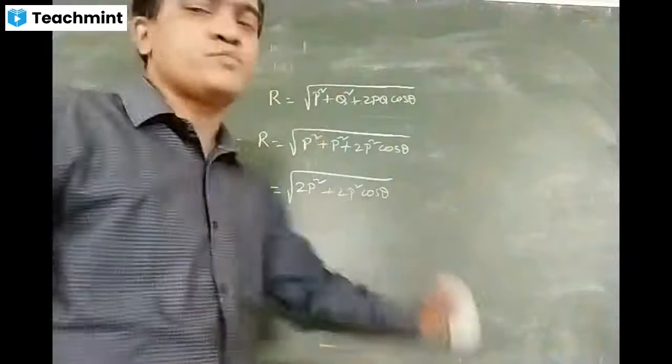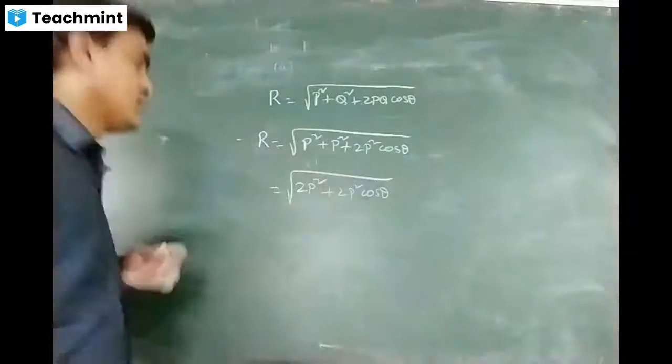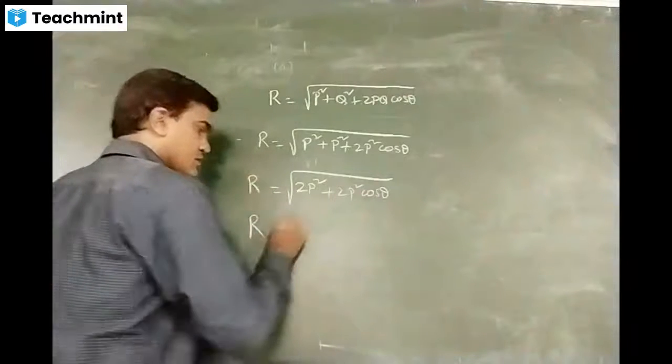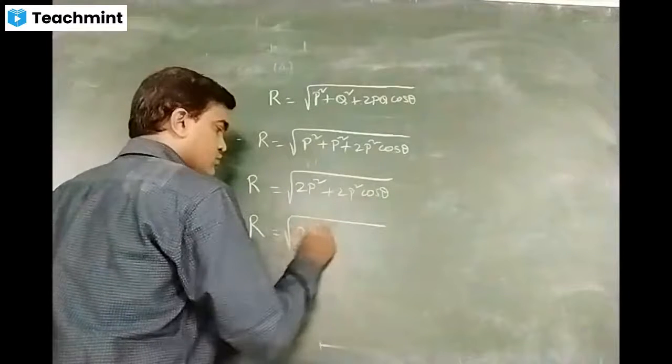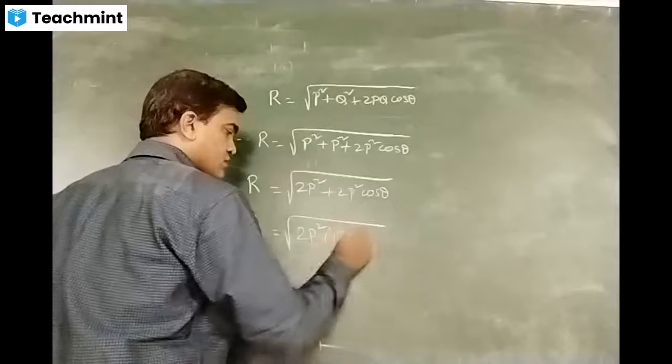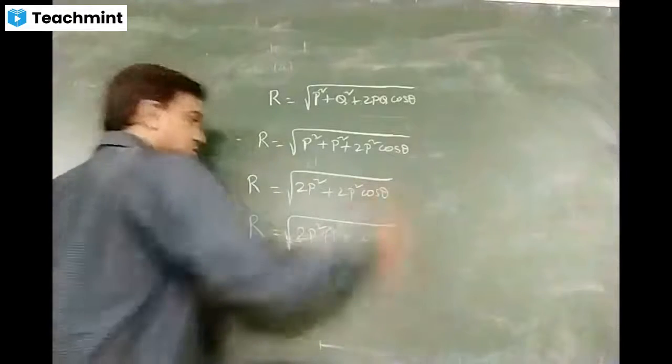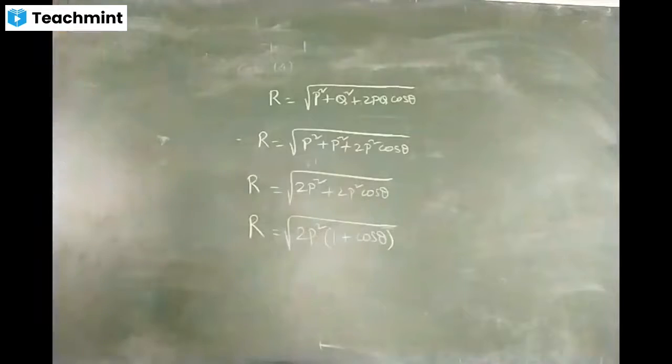Now can I take 2P square as common? If I take 2P square as common, R is equal to the square root of 2P square times 1 plus cos theta. Now, do you remember?